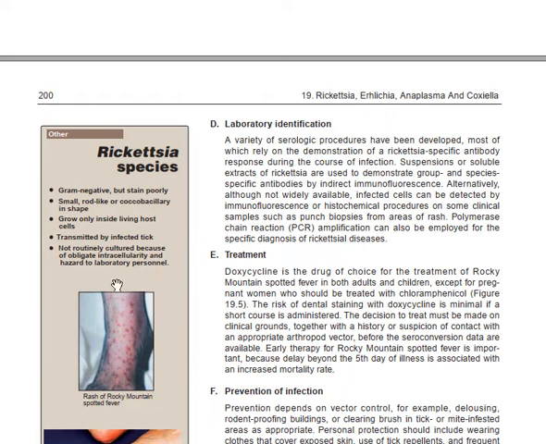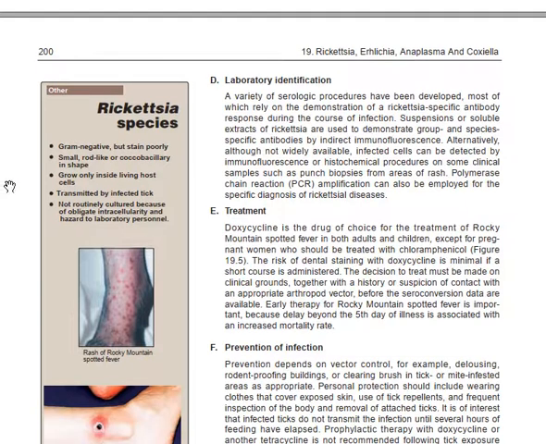Now for Rickettsia species, you need to know that they are gram-negative but stain poorly on Gram stain. They are small rod-like or coccobacillary in shape, grow inside living host cells, and are transmitted by infected ticks. They are not routinely cultured because they are obligate intracellular parasites and a hazard to laboratory personnel.